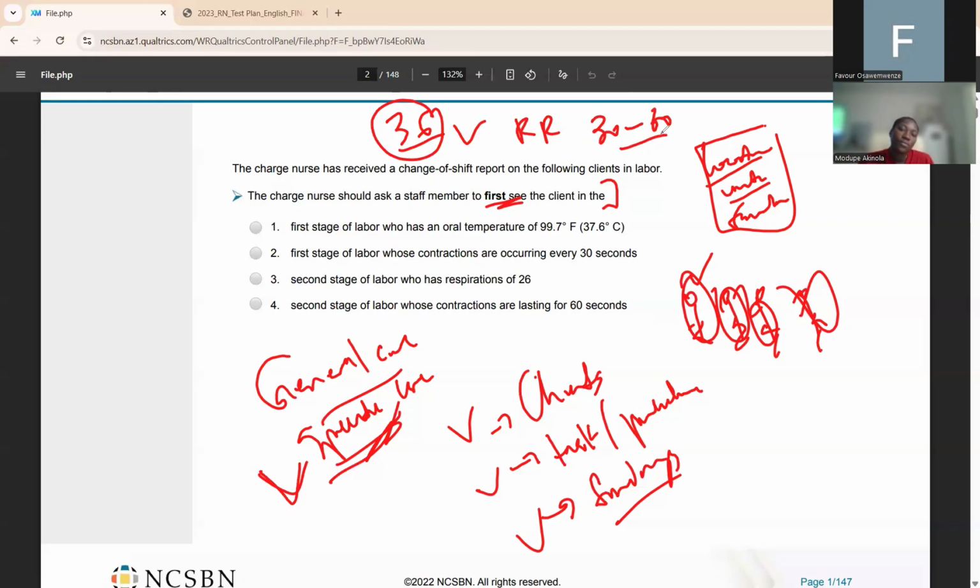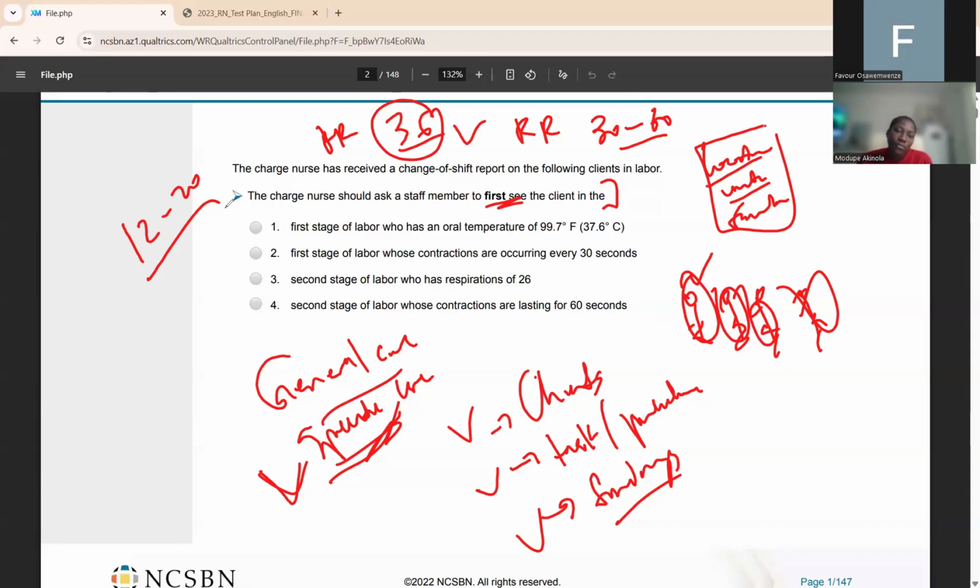But if the NCLEX is not telling us any unit, location, facility, and then the NCLEX says respiratory rate is 36, then we are going to be like, oh, wait a minute, this patient is having a problem, because generally the respiratory rate should be 12 to 20. All right. So that is why you need to pay attention to location.